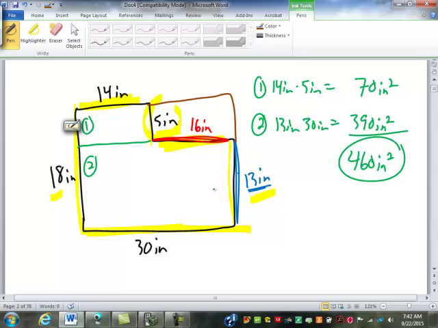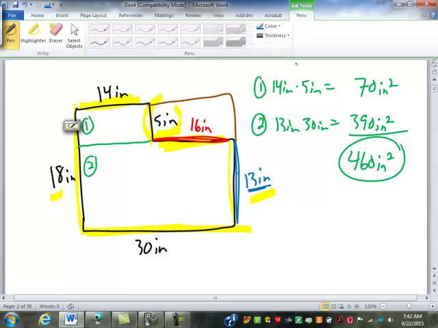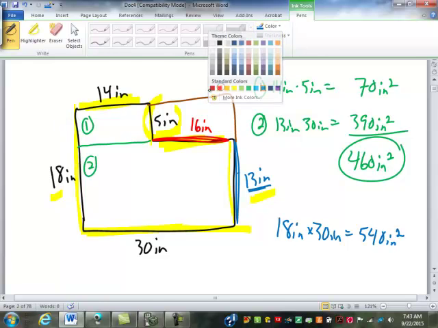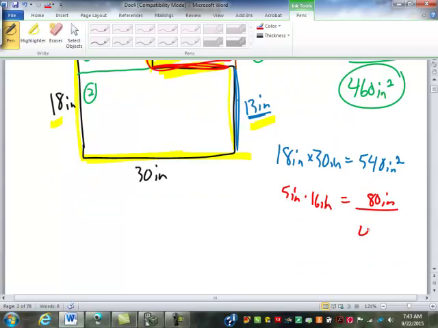Filled that in and said, okay, this is 18 by 30, which is 540 square inches. And then this piece here that's missing is 5 by 16, or 80 square inches, which is 460 square inches.